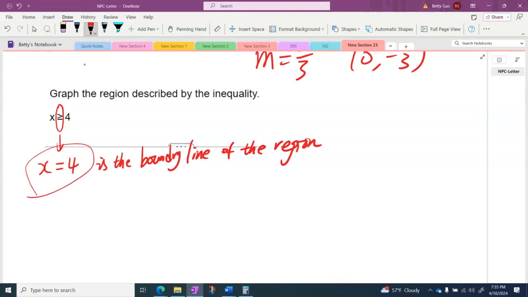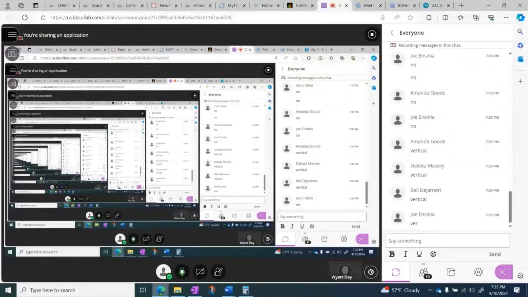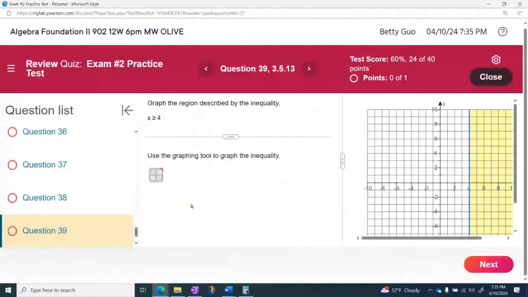Question, what kind of straight line is that? x equals 4 represents a straight line in a rectangular coordinate system. What kind of line is that? Vertical. Thank you so much. Exactly, it is a vertical line.